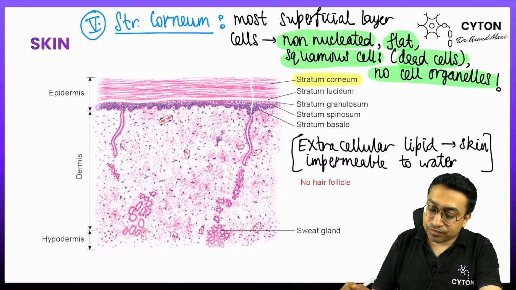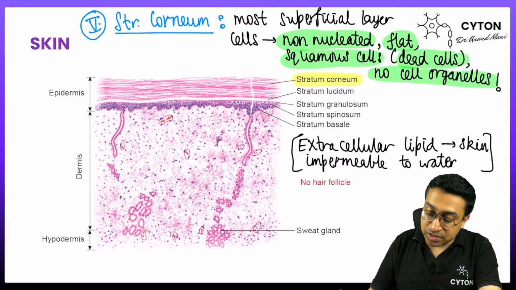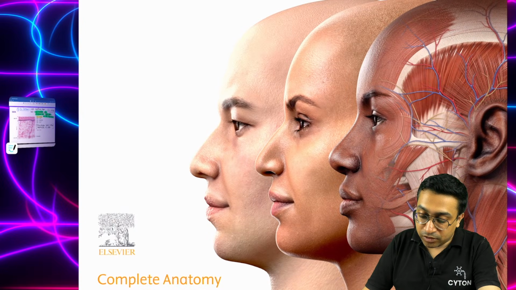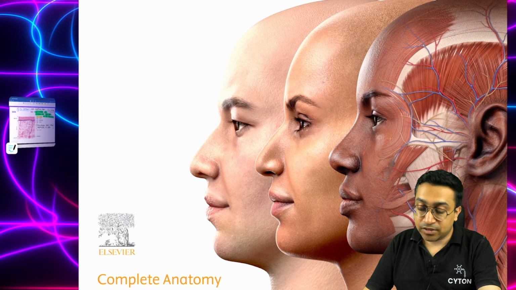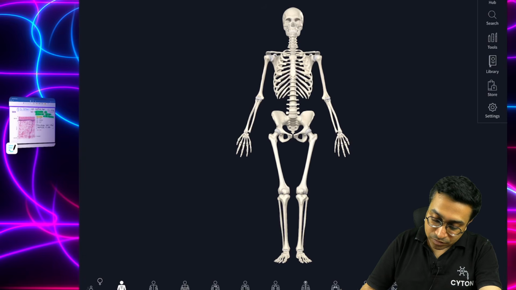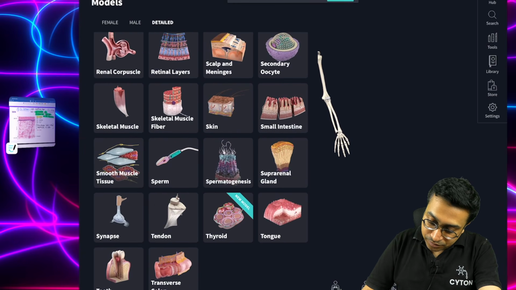Okay, so here we have the layers of the skin. Before I proceed any further, let me show you in 3D also. We have a beautiful model which will help us to understand this. Skin.